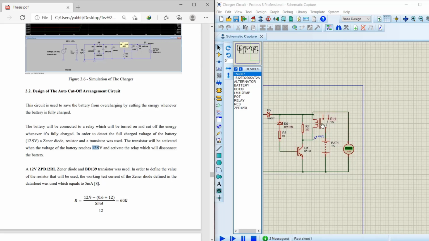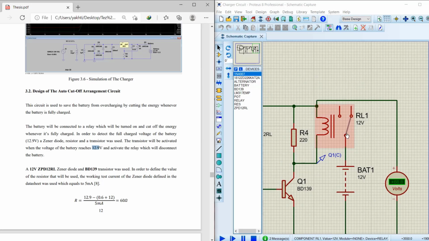So our relay should work when the voltage becomes 12.9, and if it is lower than that, it's gonna charge the circuit. So it's normally connected, which means that when the switch is like this, the battery will be charging, and when it becomes fully charged, the switch will go to the open position, which is the open circuit.